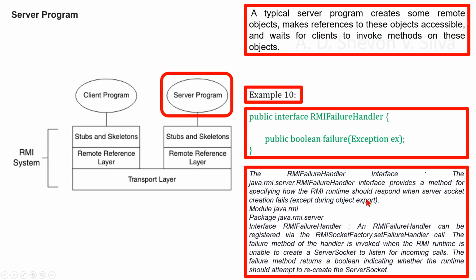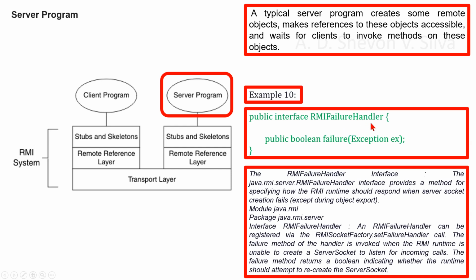Now we are considering the RMI failure handler interface. The java.rmi.server.RMIFailureHandler interface provides a method for specifying how the RMI runtime should respond when server socket creation fails, except during object export.